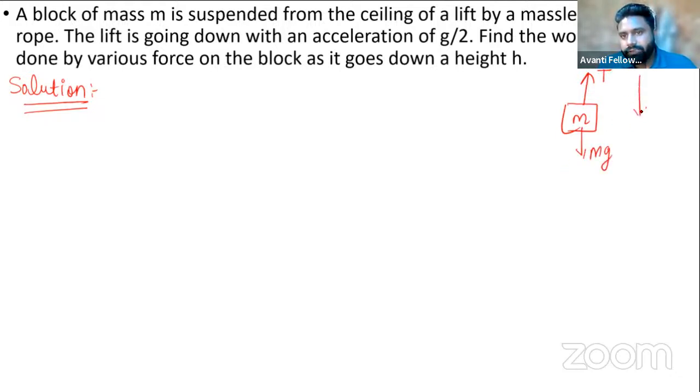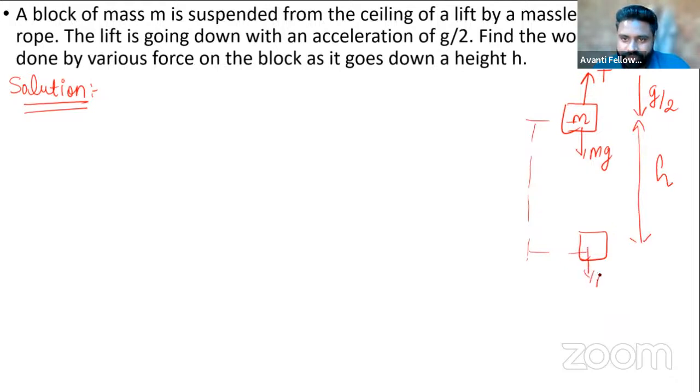And this block is accelerating at g by 2 because the lift is moving downward. From this point, it has moved a distance h. So this height is h. This is mg, and this is again tension. So here there are only two forces acting: tension and mg.